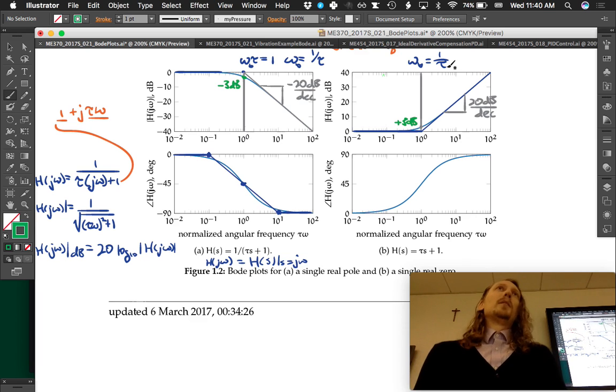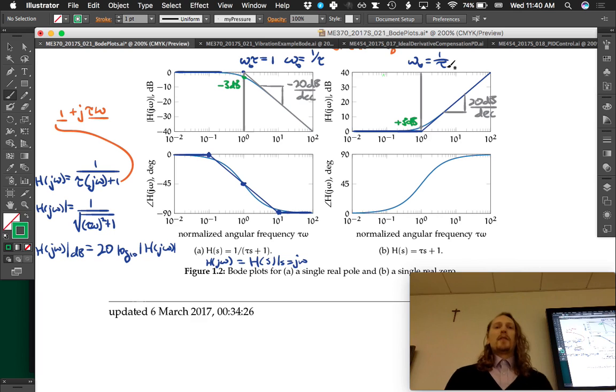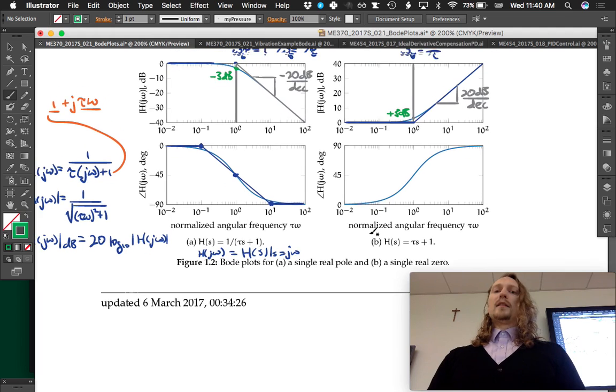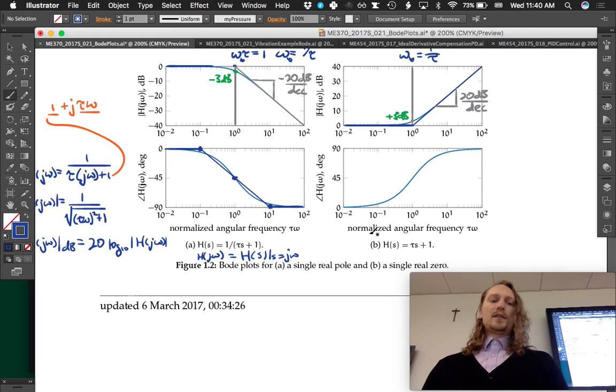It's very similar, and same with the phase. The phase goes from 0 degrees to 90 degrees. So instead of going from 0 to negative 90, we go from 0 to positive 90. And once again, our method is to find the break frequency and put a dot on 45 degrees.